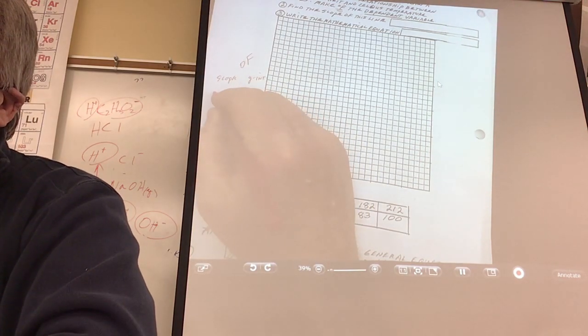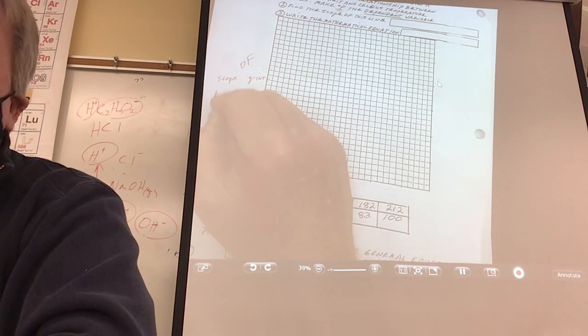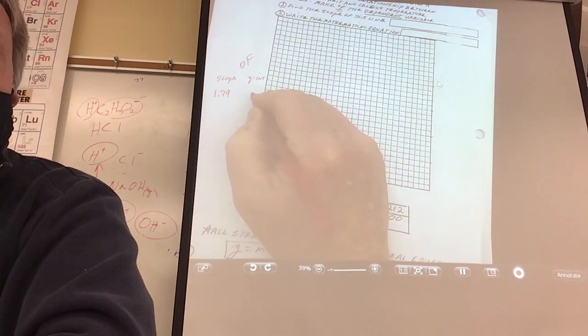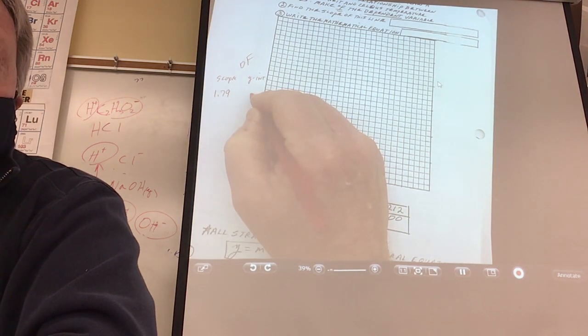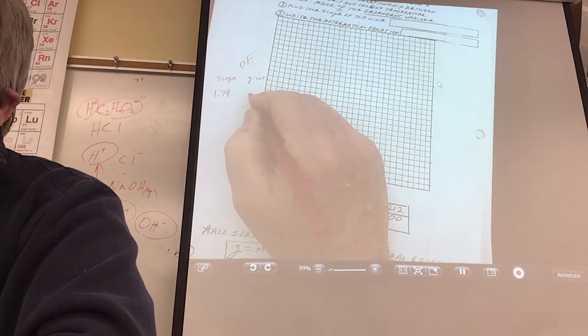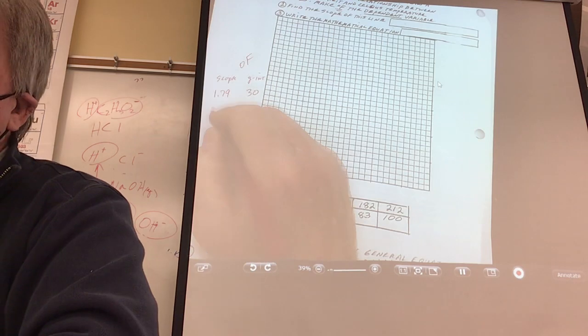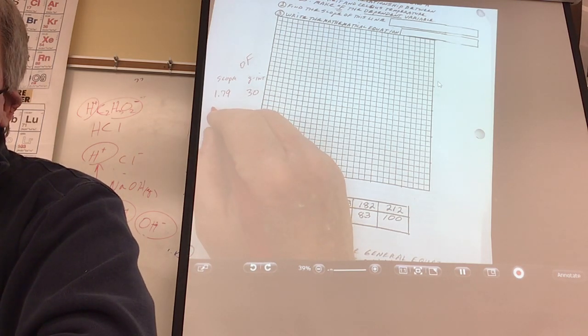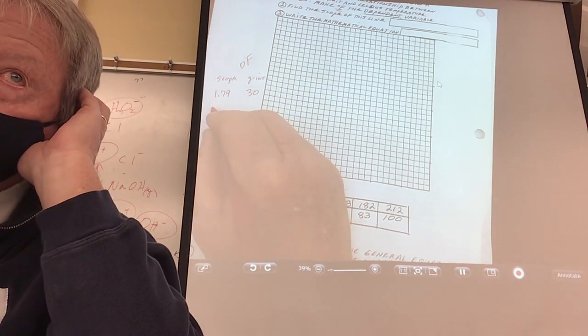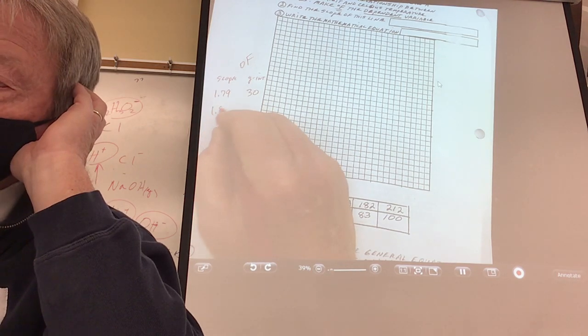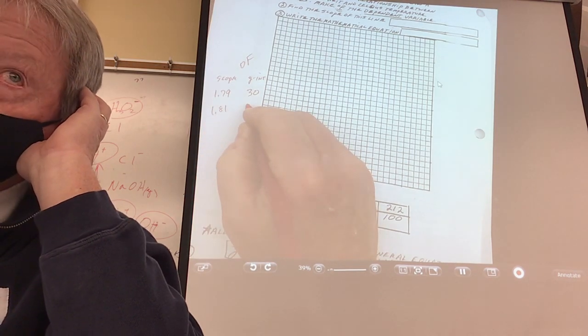Sarah? Slope 1.79. Okay. What was the other thing? Y-intercept is what? Just kind of estimate where it goes to the y-axis. 30. Okay, 30. Next? Oh, you weren't here. Okay. Colleen? 1.81, and then my y-intercept's like 30.